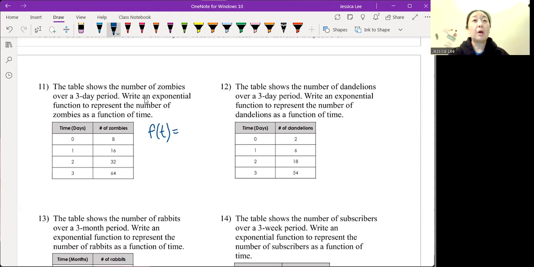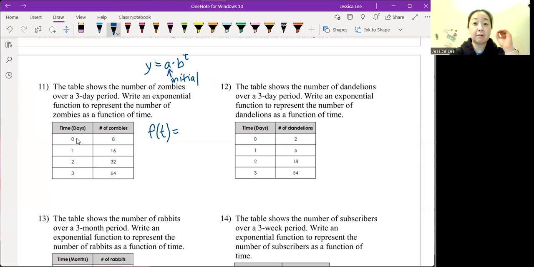I should probably also tell you, in order to write an exponential, this is usually what we're going to see: a times b to the t power, or to the x power. In this case, a is going to be the initial amount, how much we start with. That's going to be at time 0.